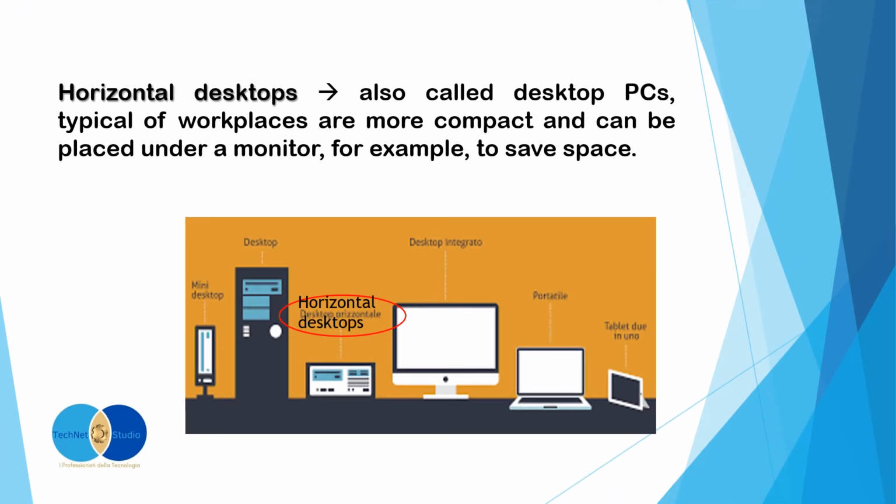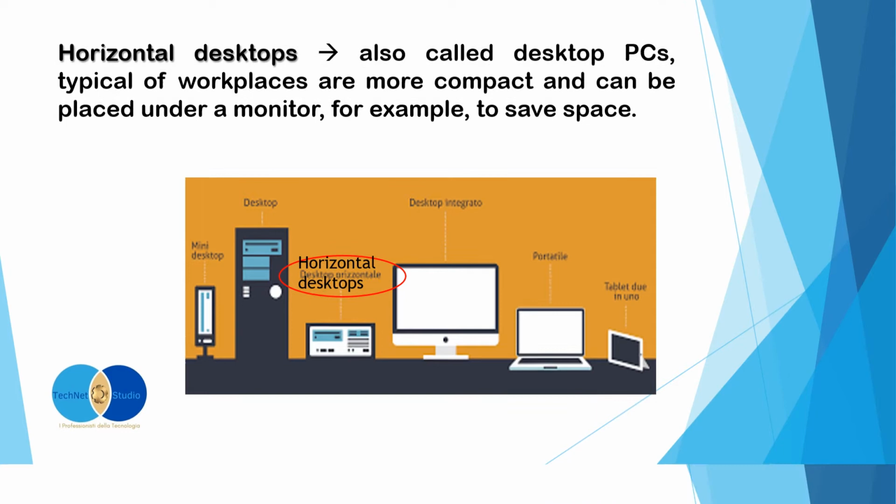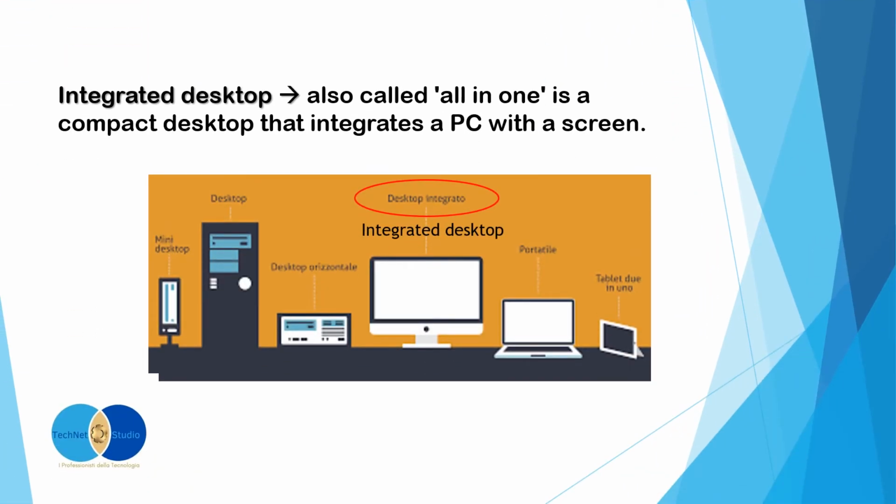Another typology is the horizontal desktop, typical of workplaces, which is more compact and can be placed under a monitor, for example, to save space. We may also speak about the integrated desktop, which is called all-in-one and is a compact desktop that integrates a PC with a screen.